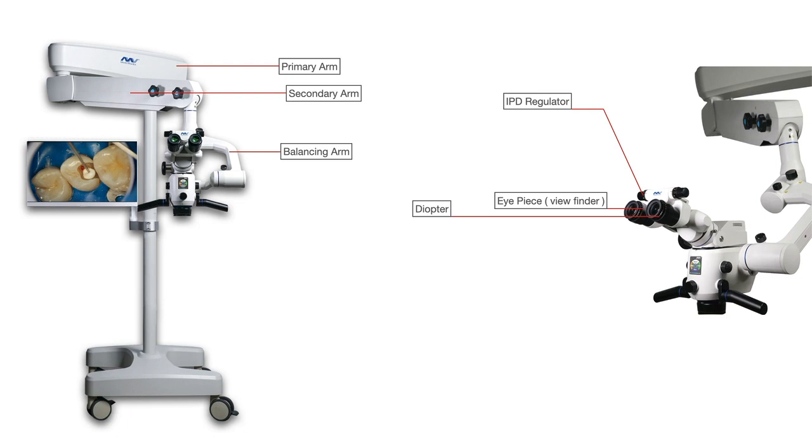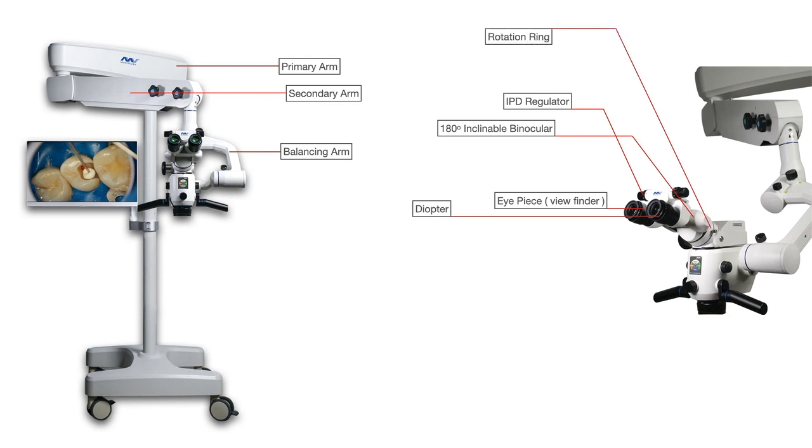Here we should use a dental operating microscope that has a changeable IPD regulator, so it's important to pay attention to this also. Rotation, the changeable binocular: I remember at the beginning I was using a dental operating microscope with a fixed inclinable binocular, but it's important to have a changeable one.